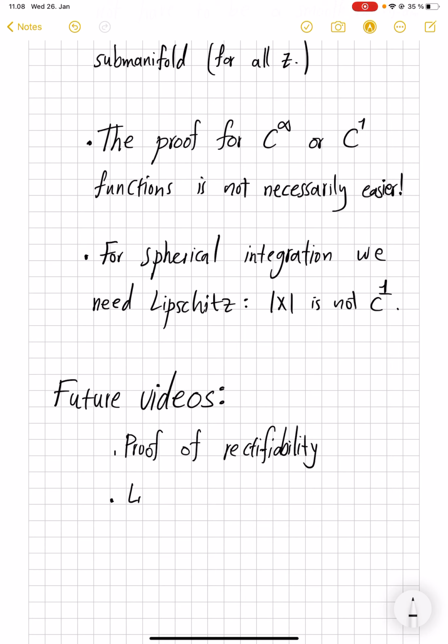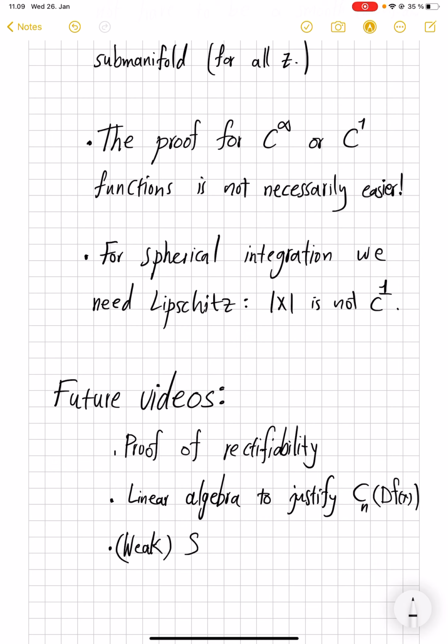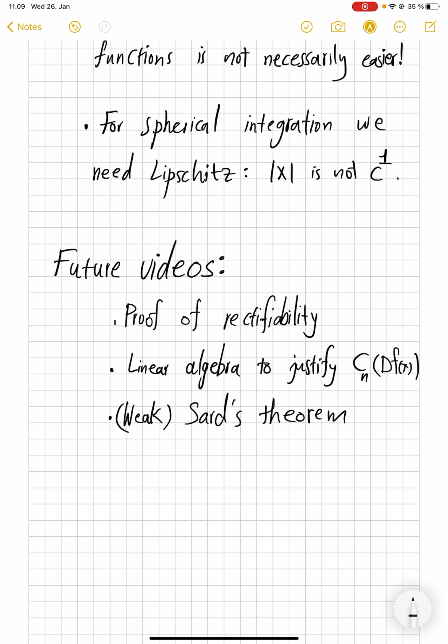We will see some linear algebra to justify the particular definition of this Coarea factor. We will see a weak version of Sard's theorem. This Sard theorem will take care of the cases where the rank of the derivative of the function is not n, the maximum possible.